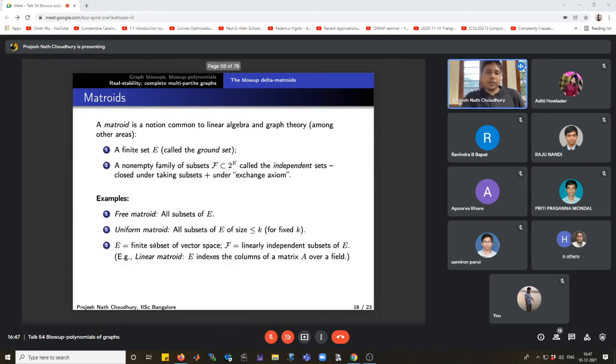Our next example is from linear algebra. Take any finite subset E of a vector space and define the independent sets as the linearly independent subsets of it. Then this will form a matroid. For example, if we take a matrix A over a field, and here the set E is the columns of the matrix A, then the independent subsets of the column space form a matroid.